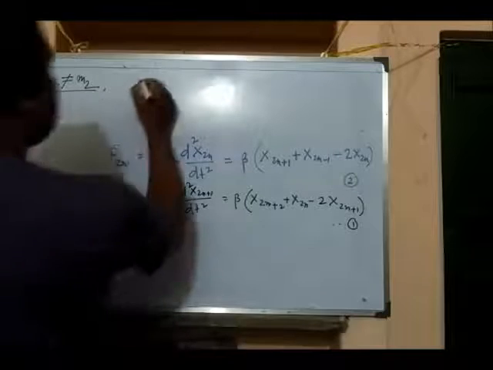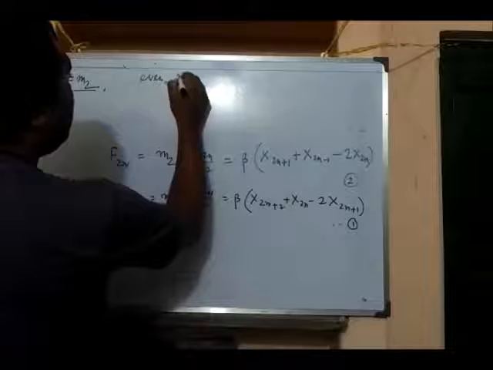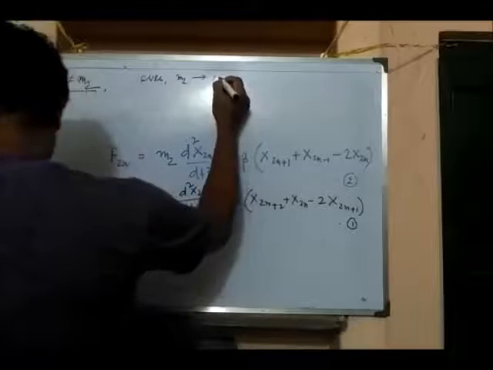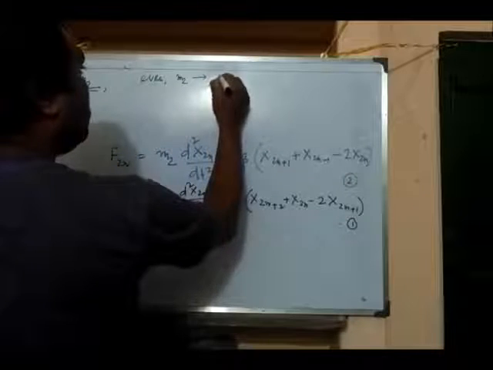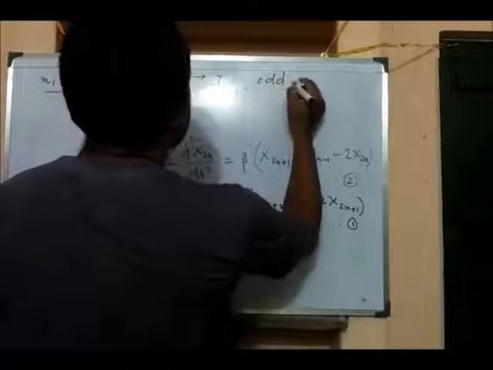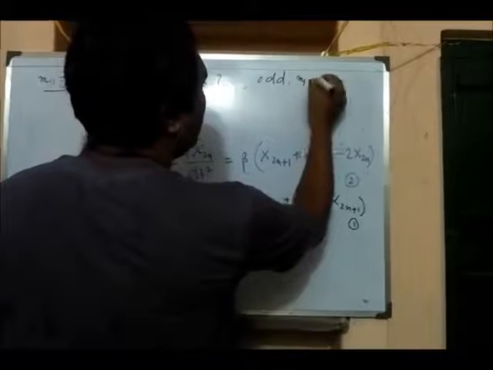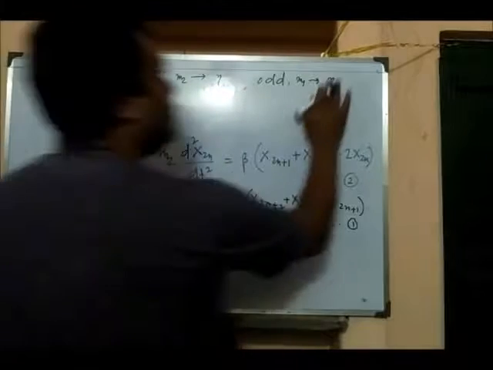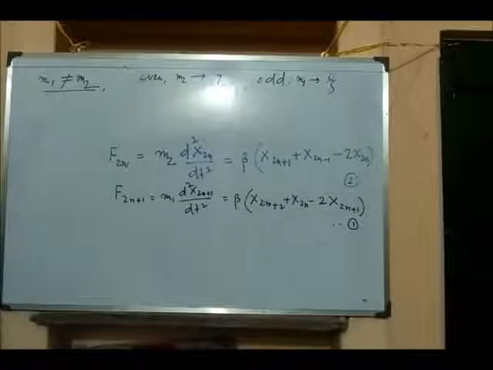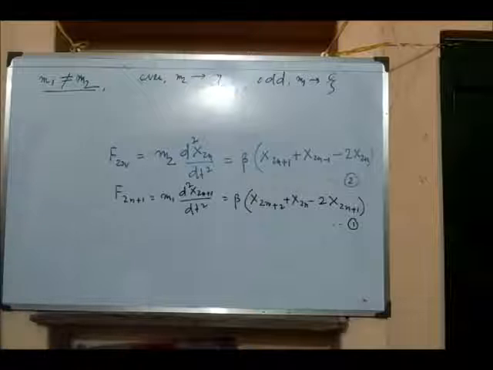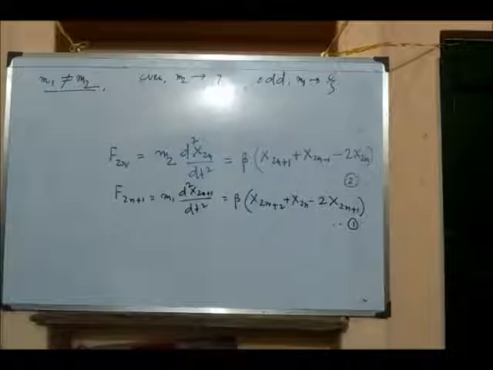The even atoms having mass m2 vibrate with amplitude eta, and the odd atoms having mass m1 vibrate with amplitude, sorry, this will be psi. Okay, so eta and psi are the amplitudes of the two types of atoms.